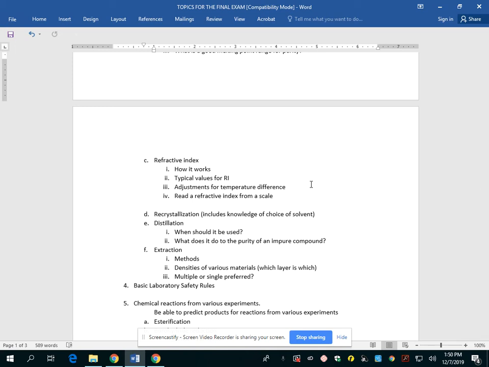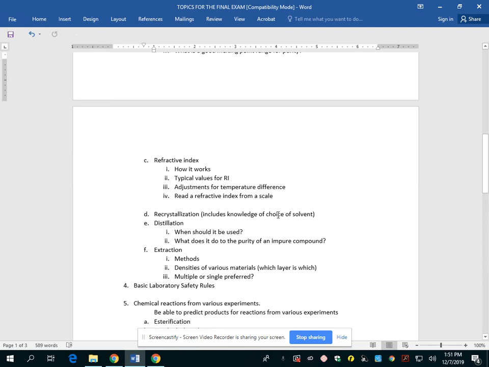There is an equation, a little multiplying factor, that you use to add or subtract depending upon whether the temperature is above or below 20 degrees. You'll do a little calculation and talk about how much you would have to adjust your reading by. When you hit the screen and saw the refractive index, you'll have to take a reading off of the device.